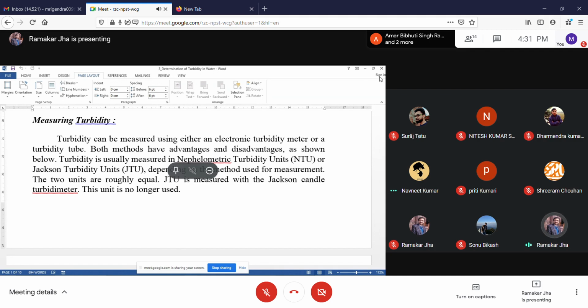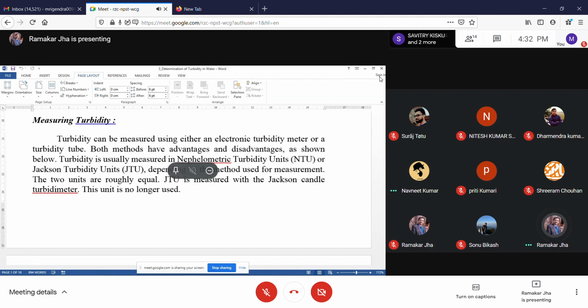We are passing the light, and in the turbidity meter we are passing waves, rays. Turbidity is usually measured in nephelometric turbidity unit (NTU) or Jackson turbidity units. Nephelometric NTU, right?